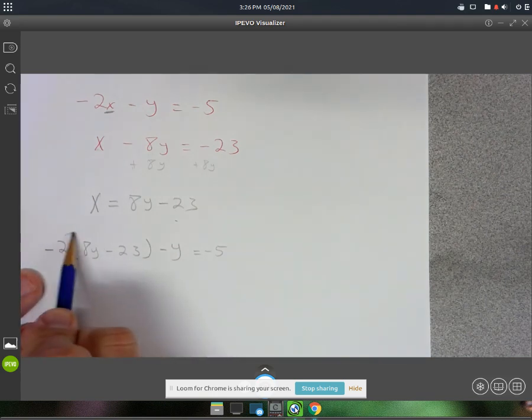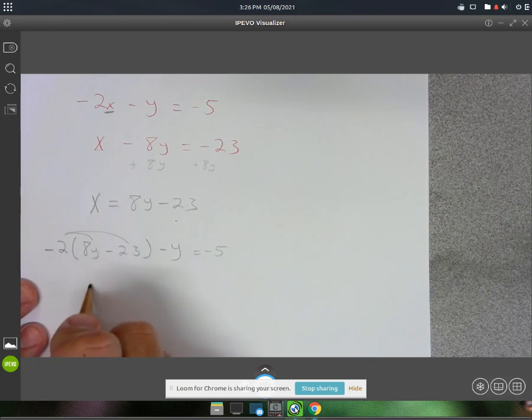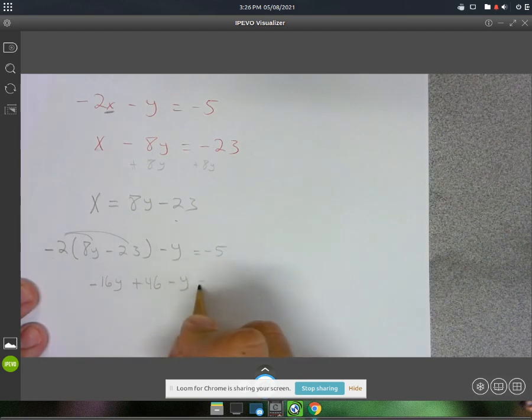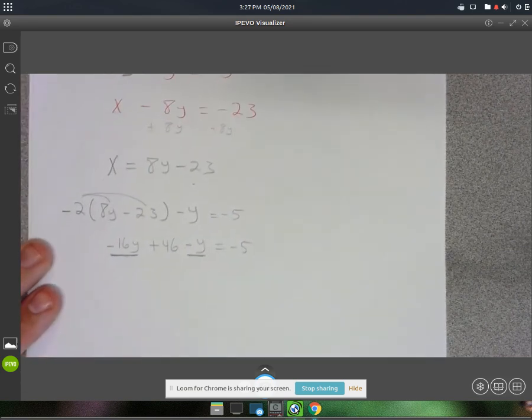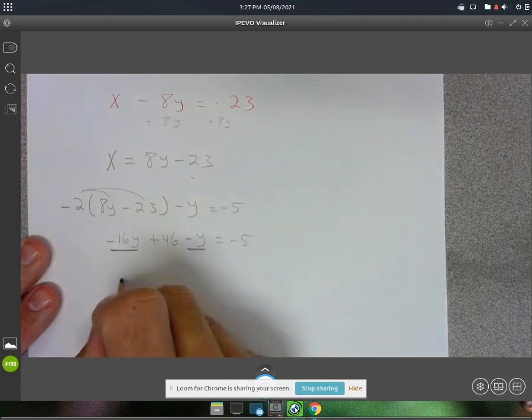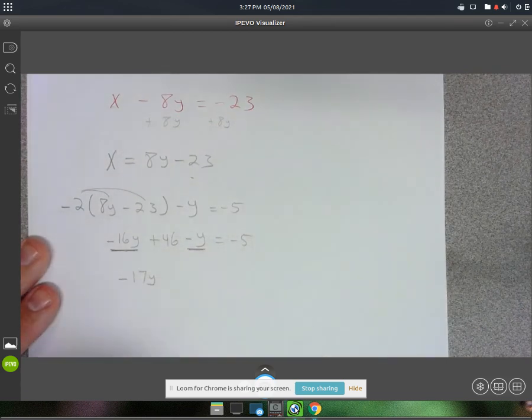All right, we'll solve this thing for y here. This will give us negative 16y plus 46 minus y equals negative 5. This one and this one, that's going to give me a negative 17y.